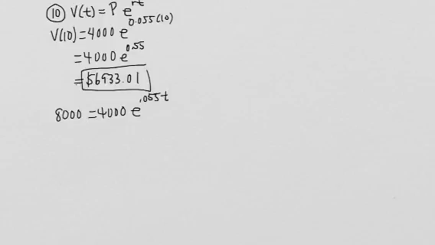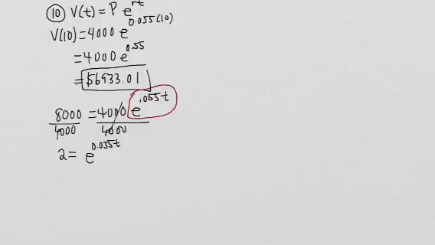So we want to isolate this part of the equation. That means we have to divide by 4,000. So then that leaves you 8,000 divided by 4,000, that's 2, equals e to the 0.055t. Now that's as much as we can do right now.